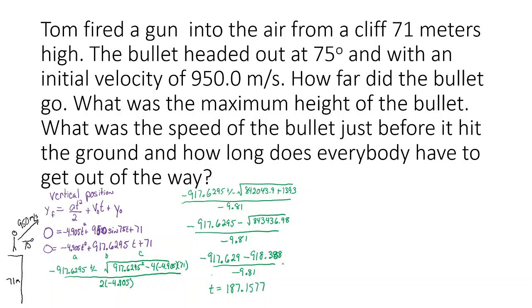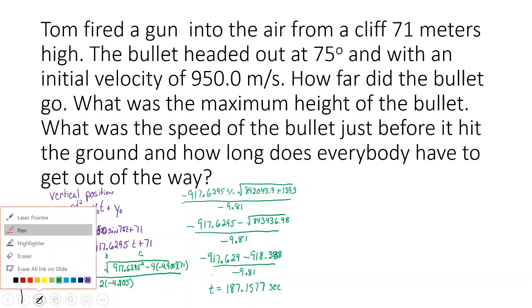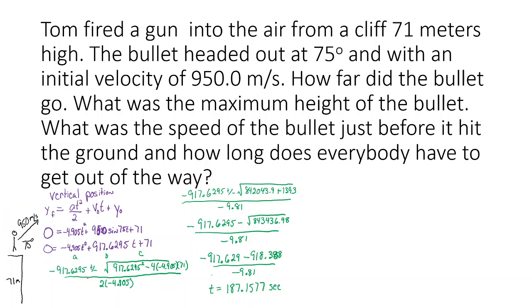That's a long, long time to be in the air. Remember we were learning about falling body problems earlier this year, so take that into consideration as we play this out. So the next thing it says is how far does the bullet travel?